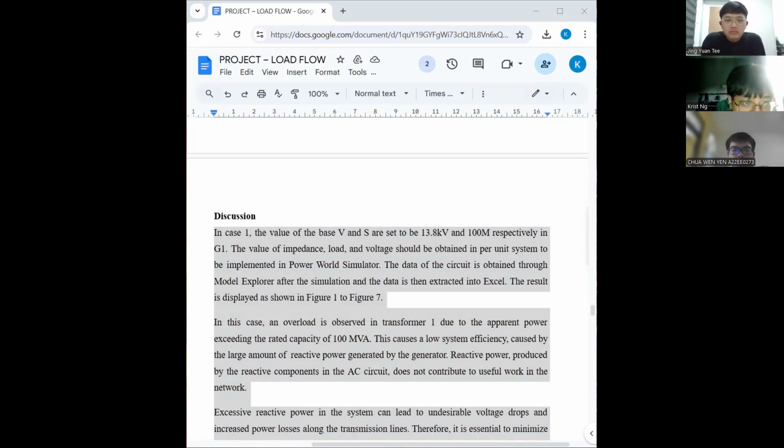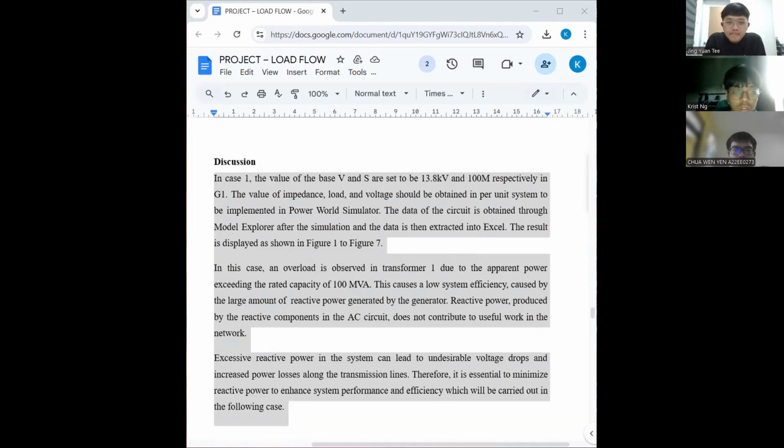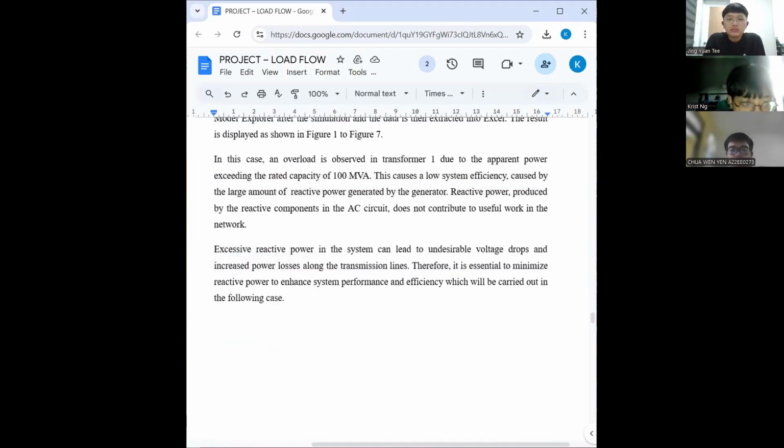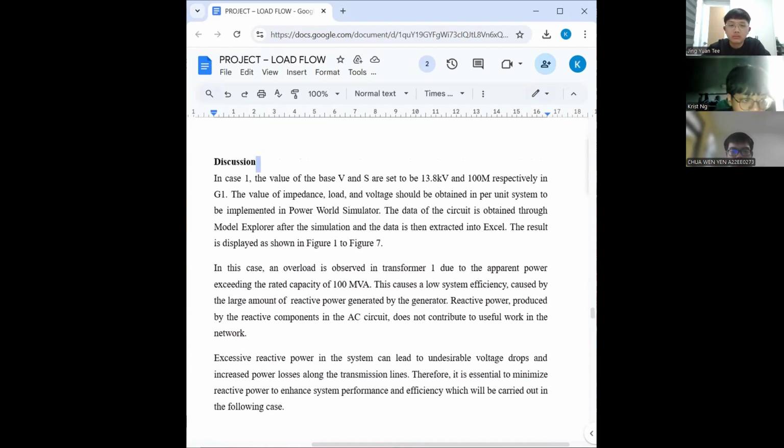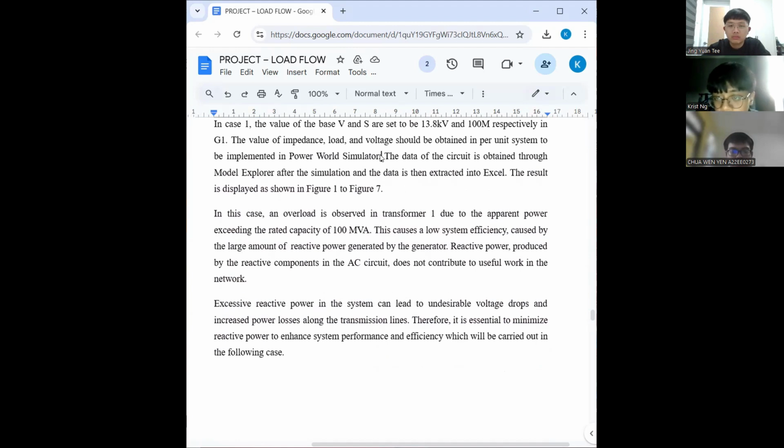This is the reference from which all the impedance, voltage, and load values are converted to the per unit system, for consistency across system components and to standardize the values in PowerWorld simulator. The data of the circuit is obtained through the simulation and exported to Excel. The results are displayed in figure 1 to figure 7, as I showed just now.